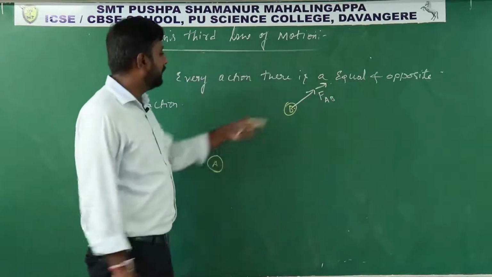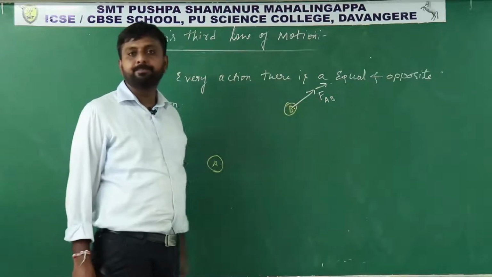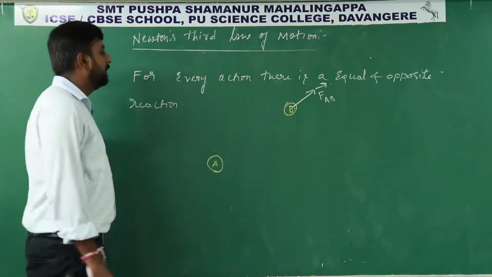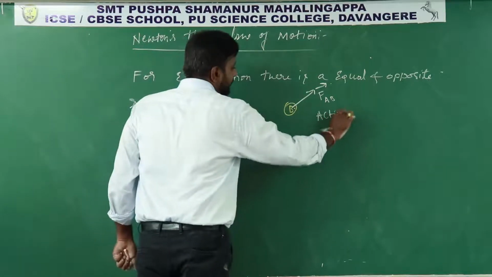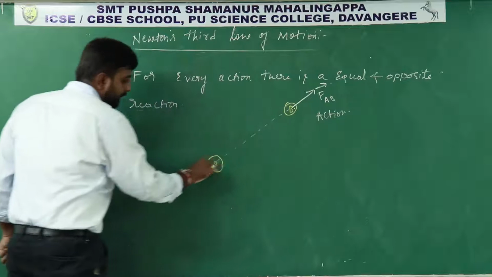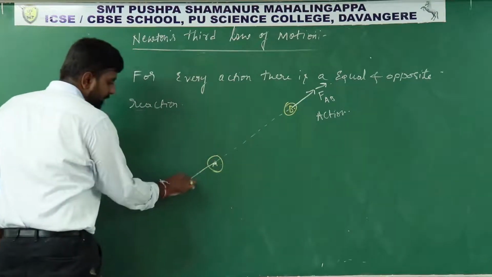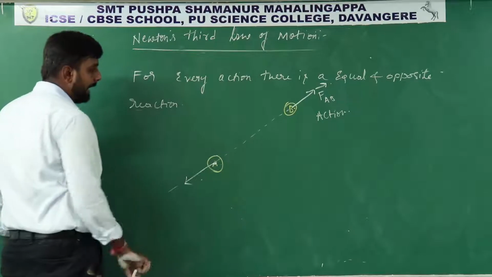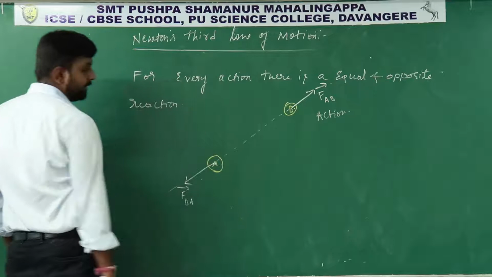Okay, force applied by body A on body B, FAB, is called action, and because of that action, body B will also apply a force on body A, which I will represent as FBA.